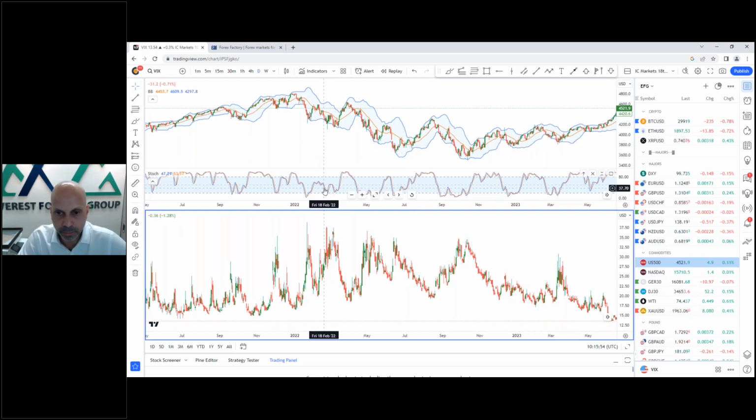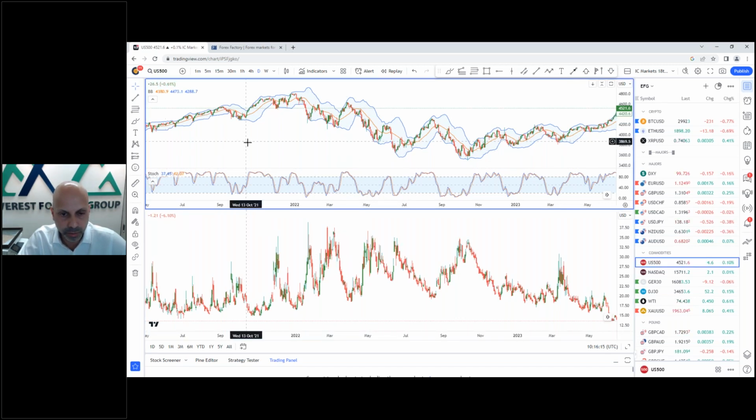At the same time, we can also see the stochastics going below 20, and we also see, of course, price pushing beyond the lower bound of the Bollinger Band. So we have three indicators that help us identify potential bullish reversals for the US 500.